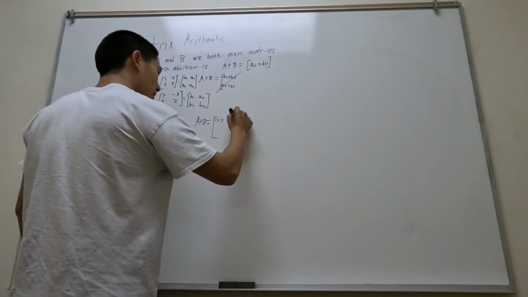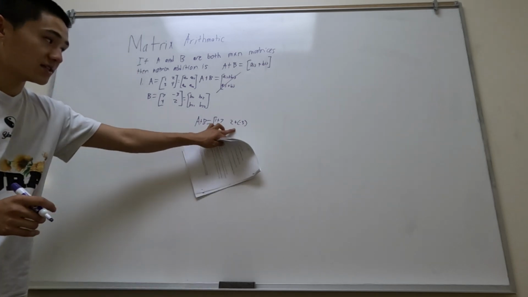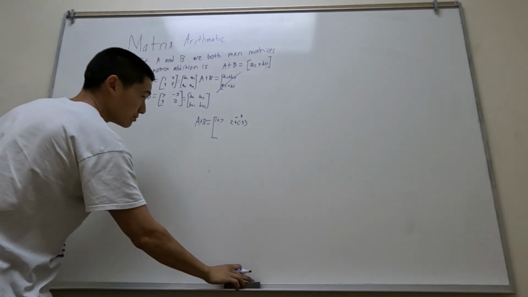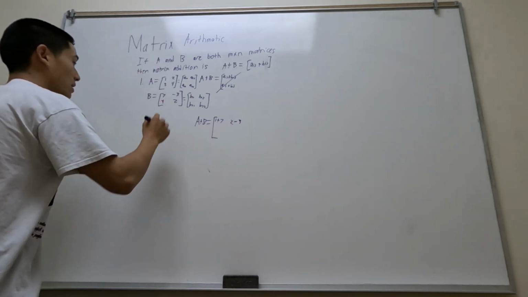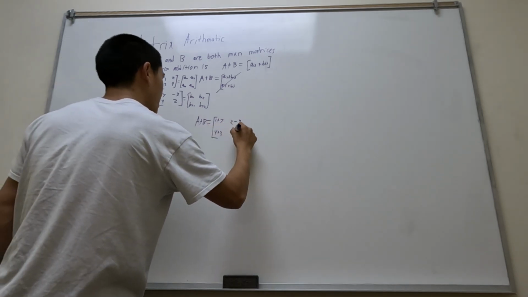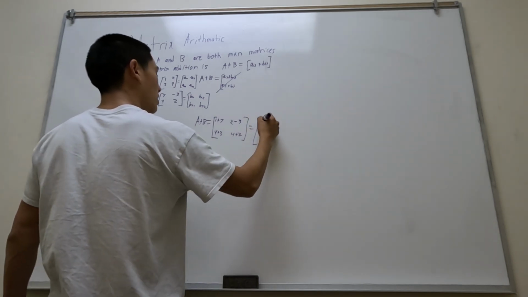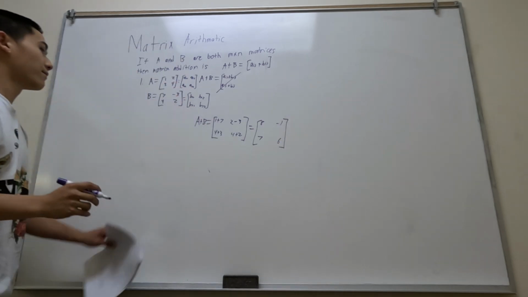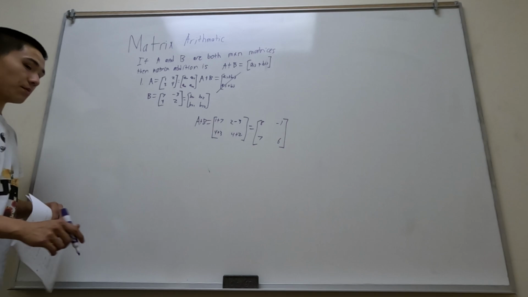Adding a negative 3 just means subtracting 3, so you could write minus 3. Then 4 plus 4 and 4 plus 2. So all this will equal 8, negative 1, 7, and 6. That's how you do matrix addition. This is the most simple thing you could do.